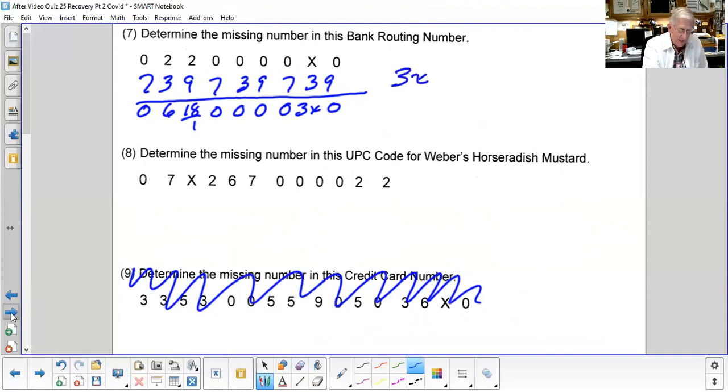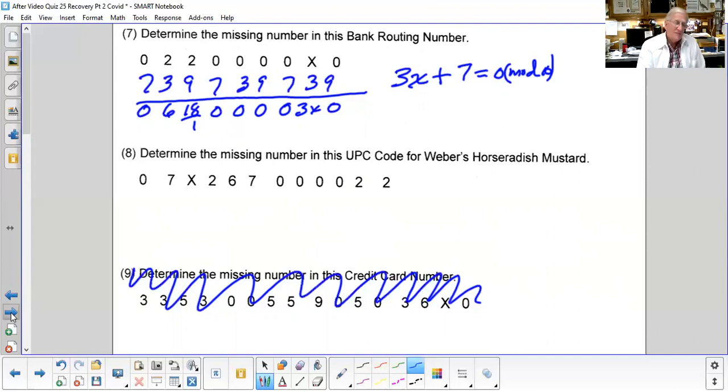But at any rate, 3x plus, it looks like it's 7, has to equal 0 mod 10. All right. What does 3x have to end in so that when it's added to 7, it gives me what I need, 0 mod 10.